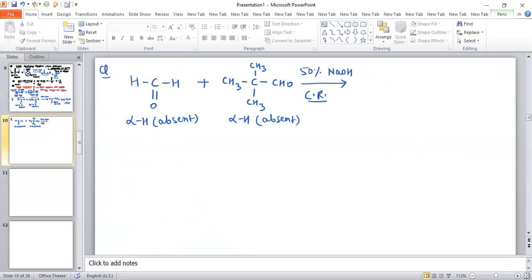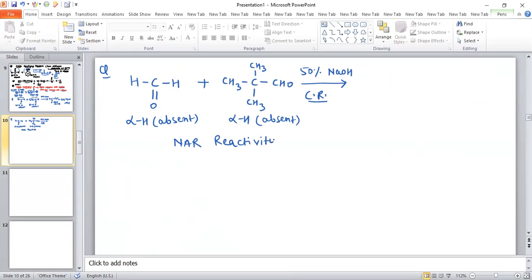Why is this reaction cross Cannizzaro? Because the two aldehydes having alpha hydrogen absent are different. So this will follow nucleophilic addition reactivity.